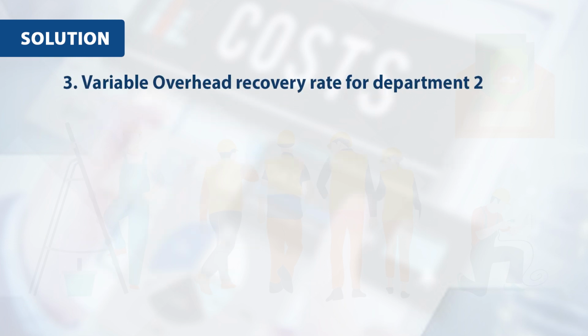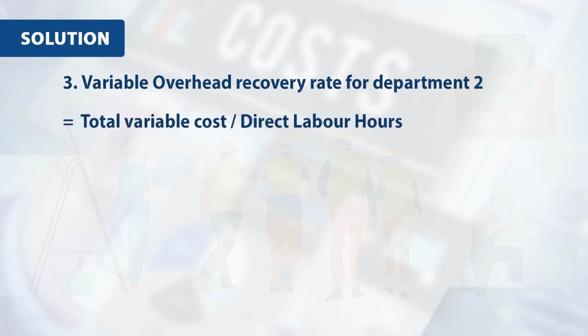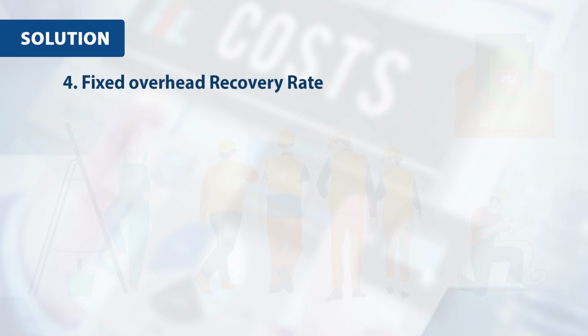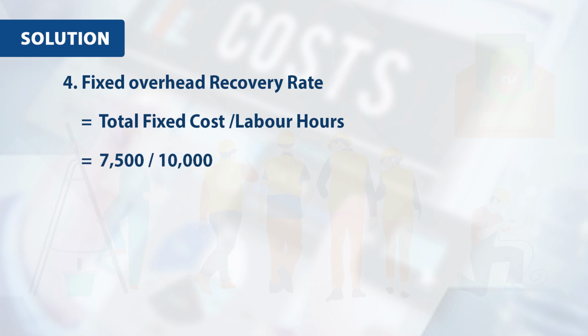Third, the variable overhead recovery rate for Department 2 is equal to total variable overhead divided by direct labor hours, which is rupees 6,000 divided by 3,000 hours, giving us a rate of rupees 2 per hour. Fourth, the fixed overhead recovery rate is equal to total fixed cost divided by labor hours, giving us 7,500 divided by 10,000 hours, equal to rupees 0.75 per hour.